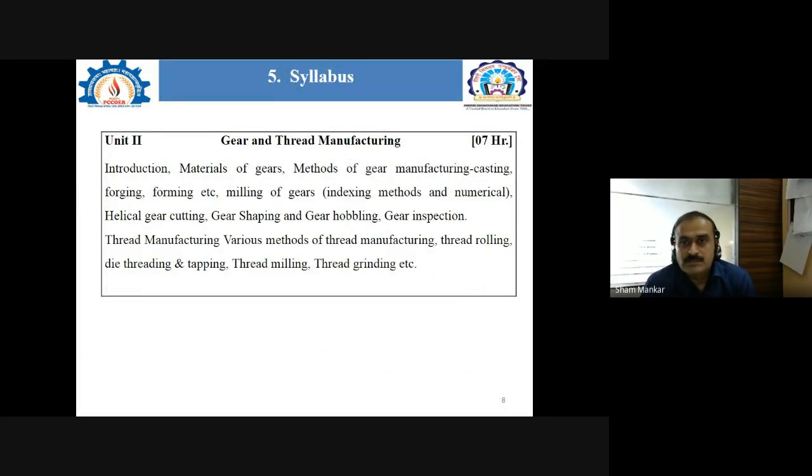Okay. So in the last lecture, we discussed more about the content for unit number 2, in which two parts are there. One is related to gear manufacturing and the second one is related to thread manufacturing. We discussed the major content related to gear and thread manufacturing in the last lecture.